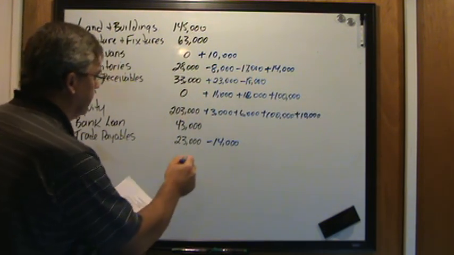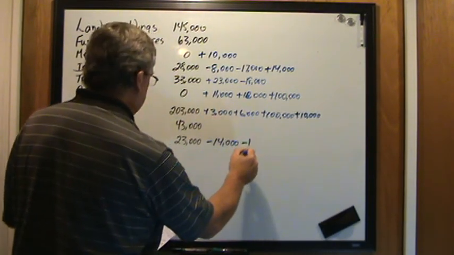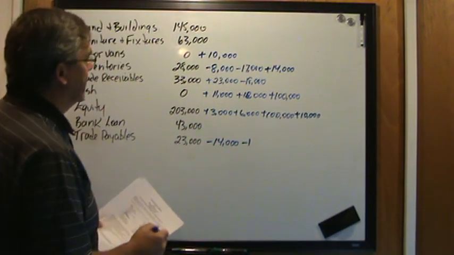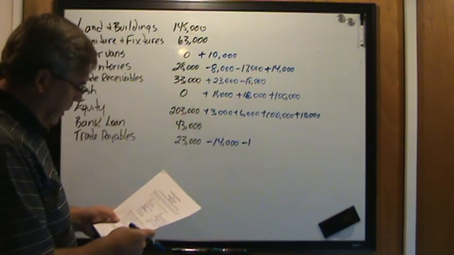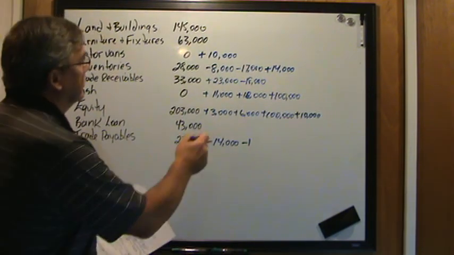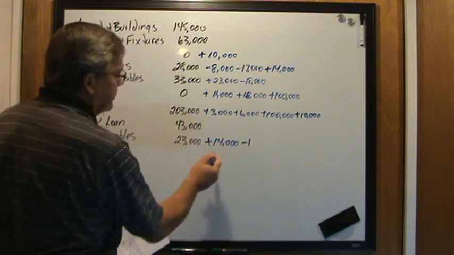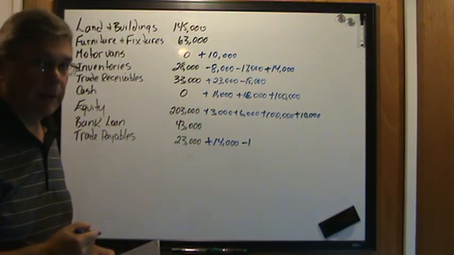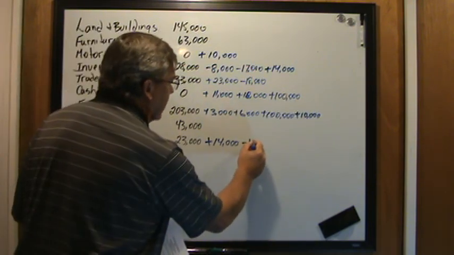So trade payables go down 13,000. Sorry, I made a mistake. Let me go back one step here. We bought inventories on credit for 14,000, and we added that to inventories here. It should be added here to the trade payables because they go up. In the last part, they go down 13,000.